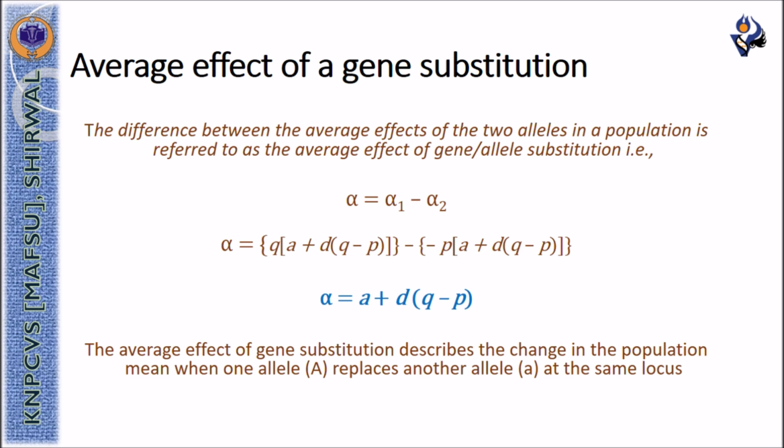Therefore, the average effect of a gene substitution can be calculated with the formula a plus d multiplied by (q minus p). The average effect of gene substitution describes the change in the population mean when one allele, say dominant A, replaces another allele, say recessive a, at the same locus.